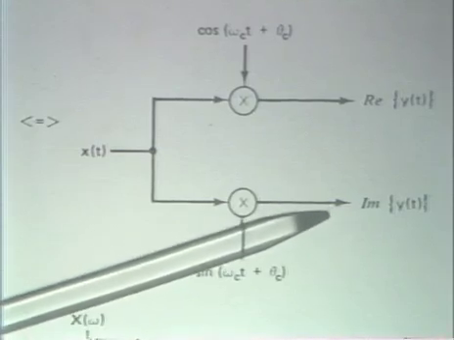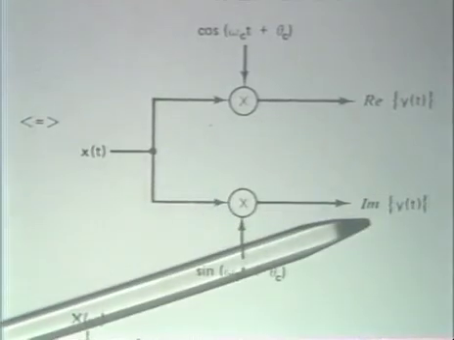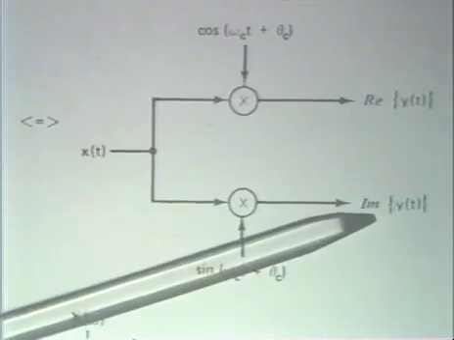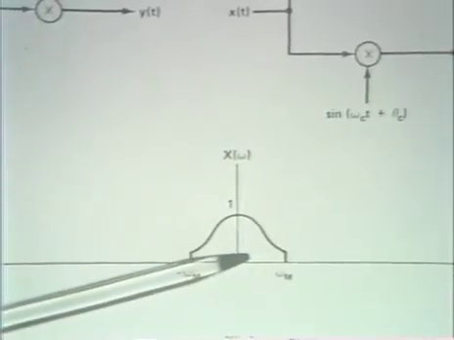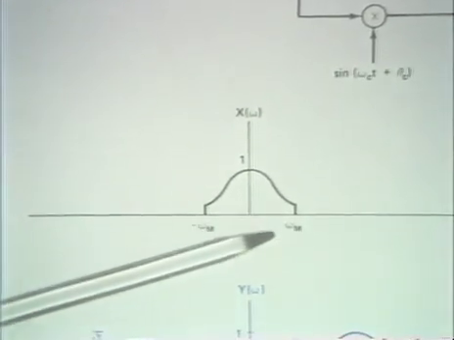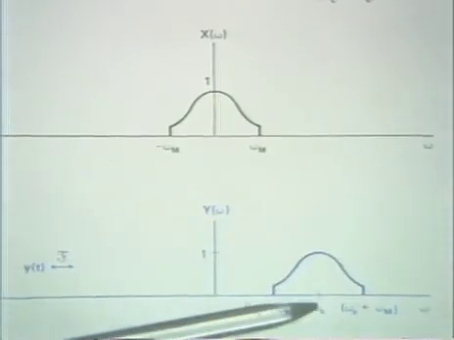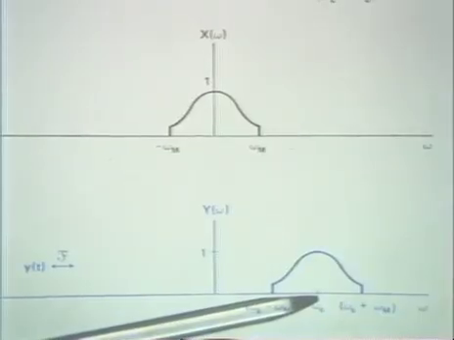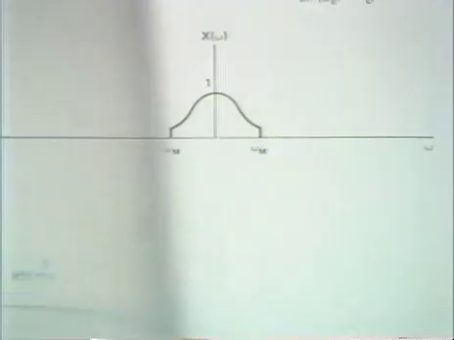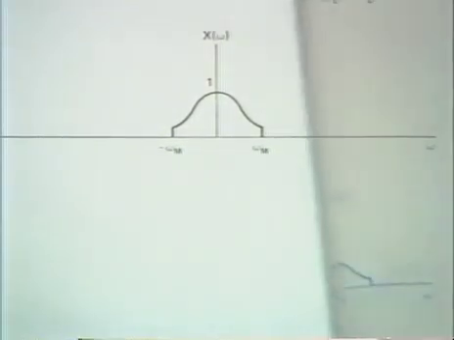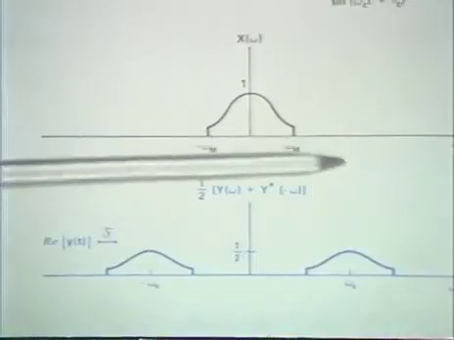And of course, if we look at the spectra involved, we have here the real part and the imaginary part of the complex output. If we, again, refer back to the original spectrum X of omega and the modulated spectrum, which I show down here, the original spectrum shifted up to the carrier frequency, in effect, we're building this out of two lines, one line representing the real part of that, and the real part in the time domain corresponds to the even part in the frequency domain.